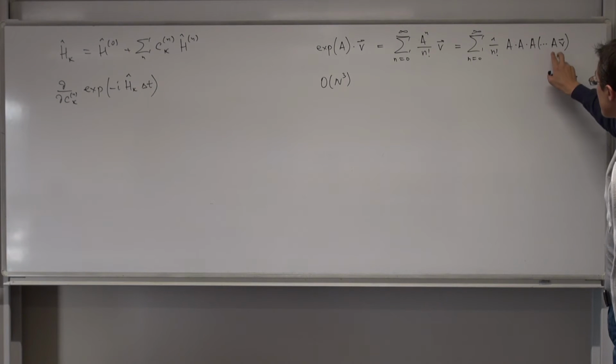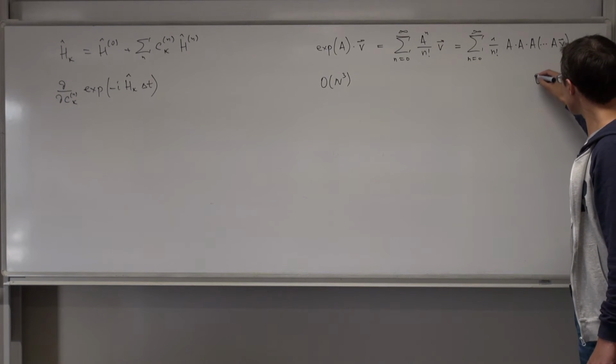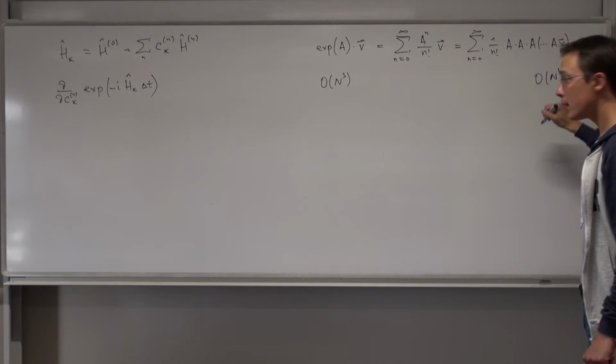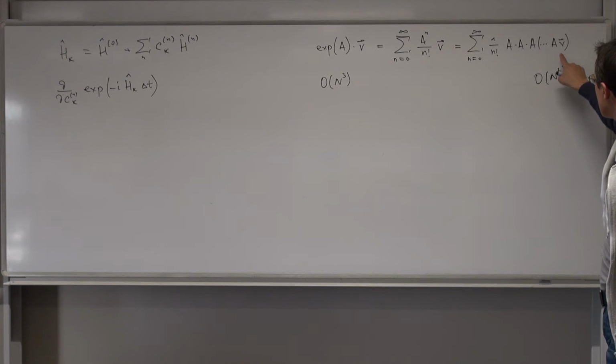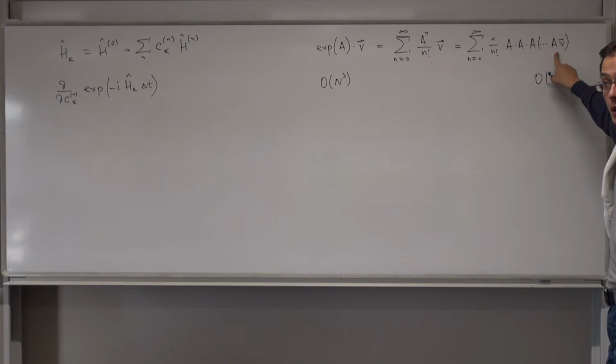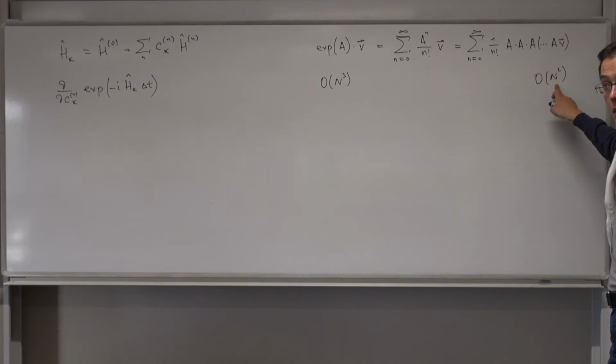You see, when we multiply this matrix into a vector, it's a matrix-vector multiplication. It goes as O(n squared), and in sparse cases it goes as O(n). The result is a vector. If we multiply A into it again, it's again O(n squared).